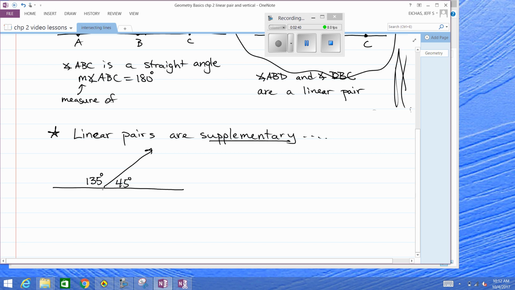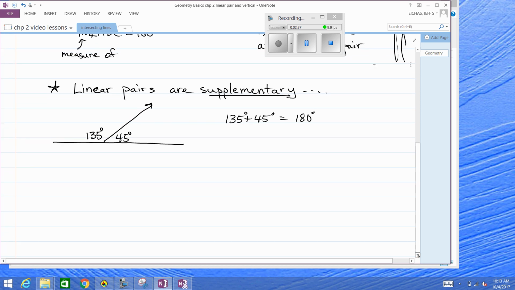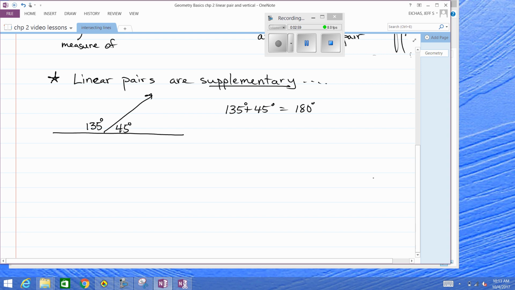That is a linear pair setup. They are also supplementary, because 135 plus 45 is 180. So that's just a statement there. Linear pairs are supplementary. Supplementary angles add up to 180.